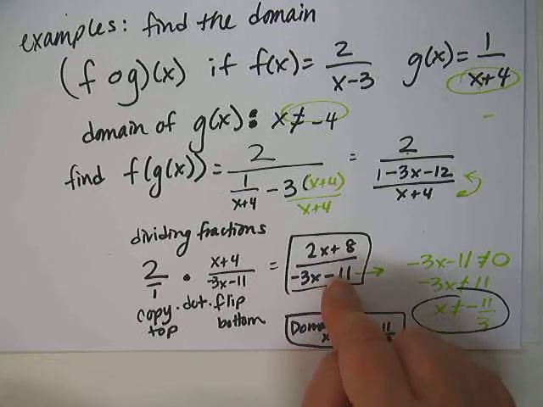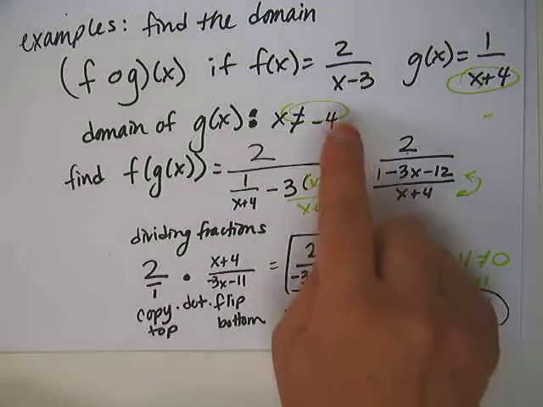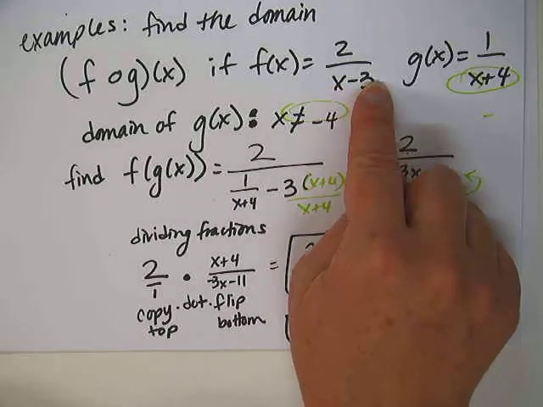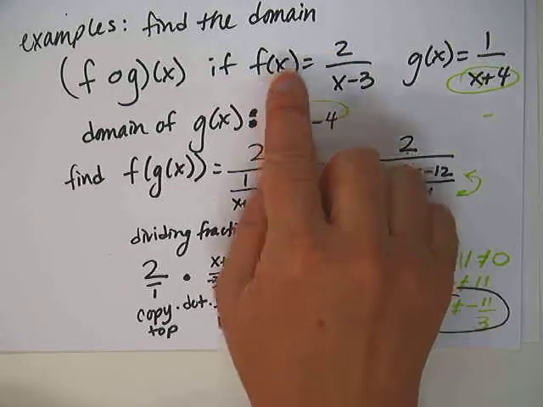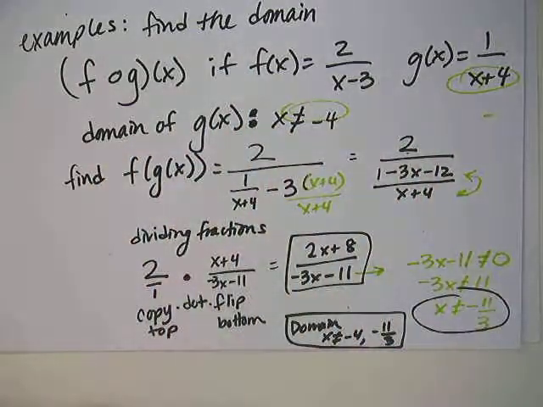But 3 is never going to be a problem. We can plug a 3 in here and get a 7. We can plug a 3 in here and get some other number on the bottom that doesn't make it 0. So 3 is a perfectly fine number for the domain, even though it would not be in the domain of f of x. This isn't plain old f of x. It's a composite function.